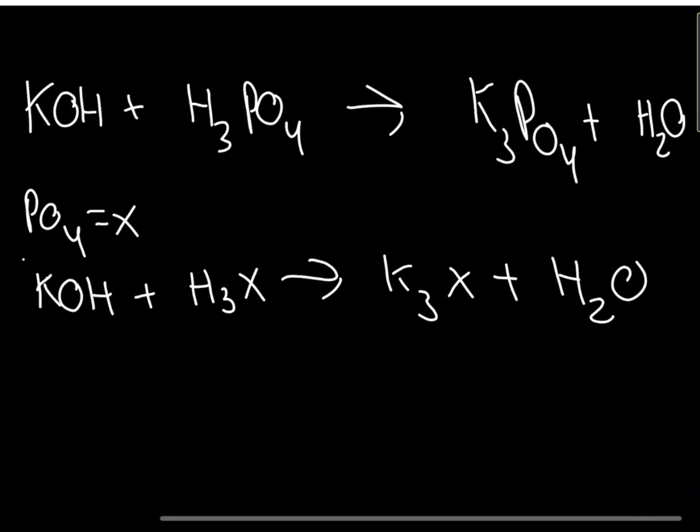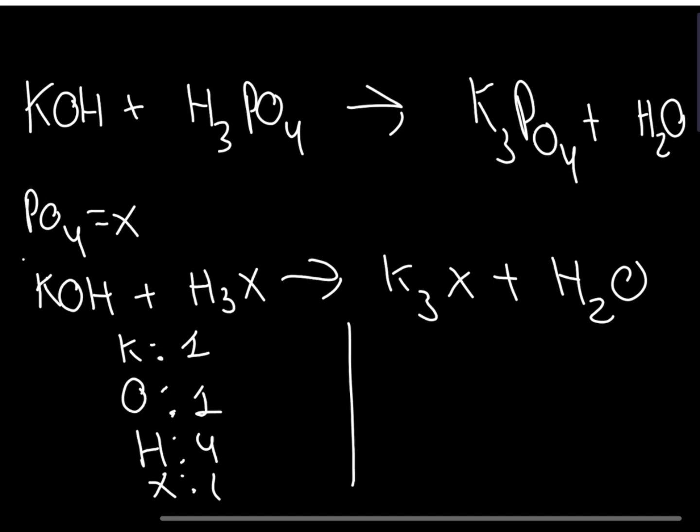So first, we can make this table. Oxygen is going to be 1, and we're going to have 4 hydrogens and 1 X on the left. Then we're going to have 3 potassiums here, 2 hydrogens, 1 oxygen, and 1 X. Now we can balance.